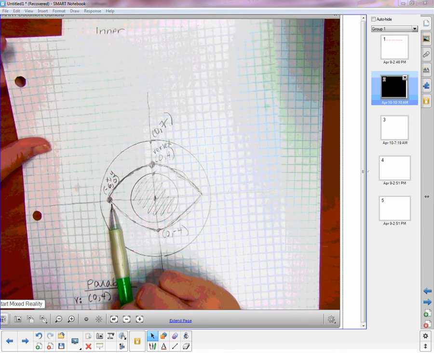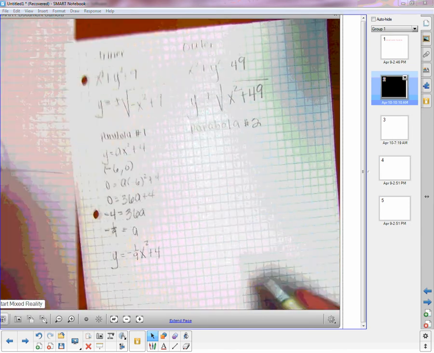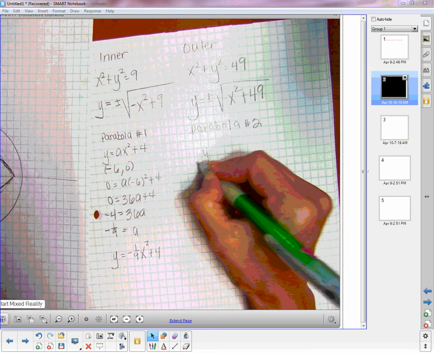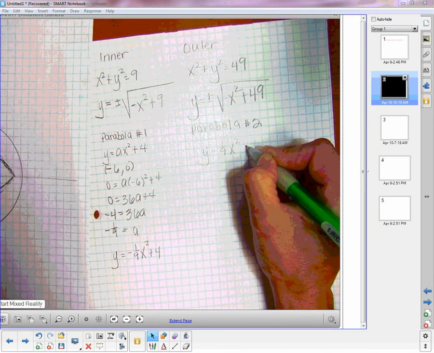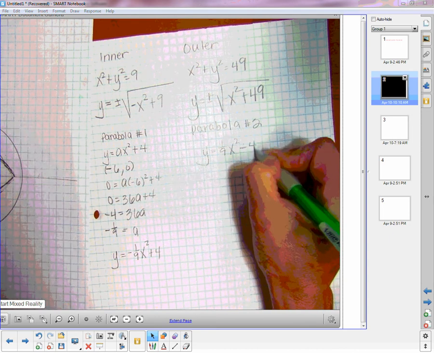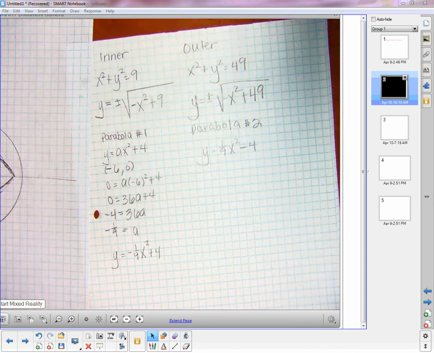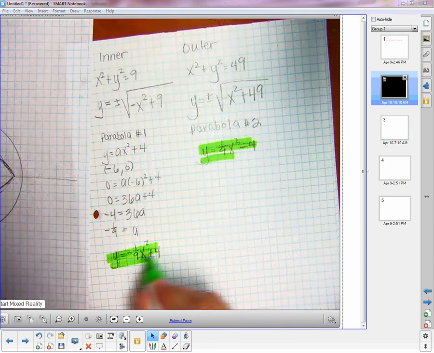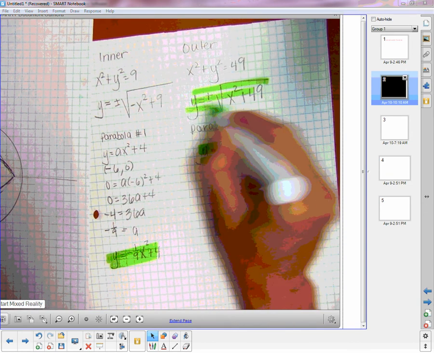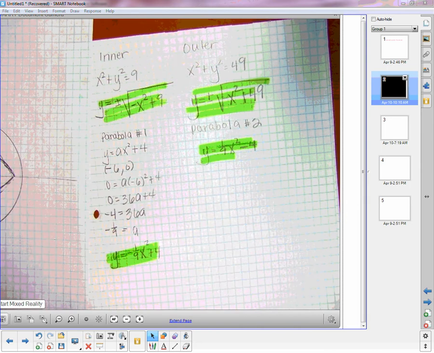So the A value is just going to be a positive 1/9. So parabola number 2 is going to look like this. So these are all the equations that I put on the Inspire.